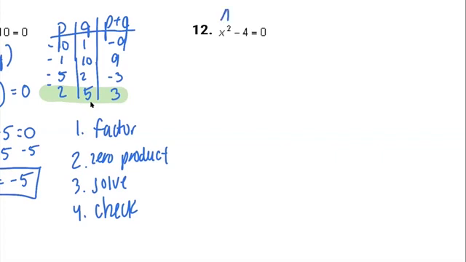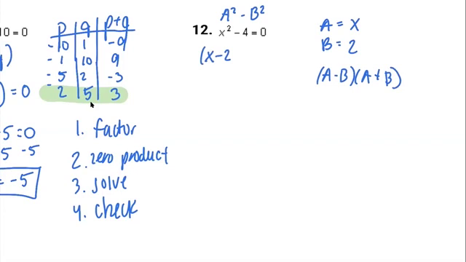Well, this would be in the a squared minus b squared form, where a is equal to x and b is equal to 2. So perfect, this gives us the form a minus b, a plus b, or x minus 2, x plus 2 equals 0.